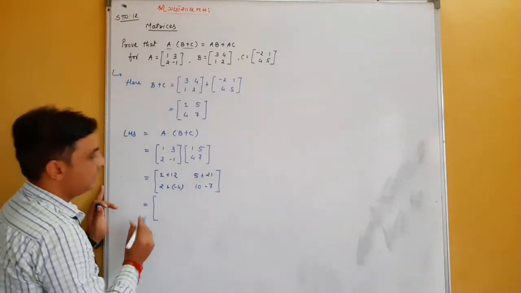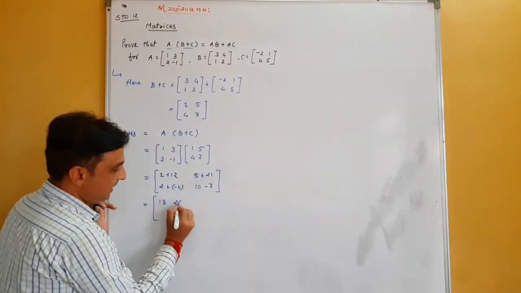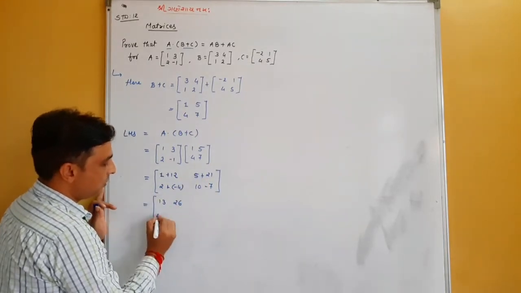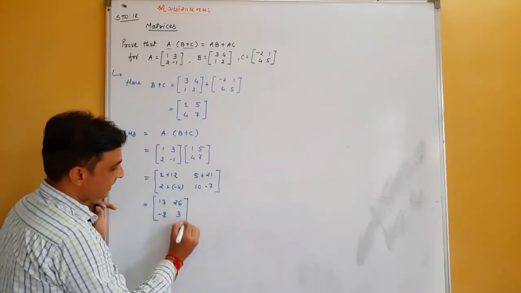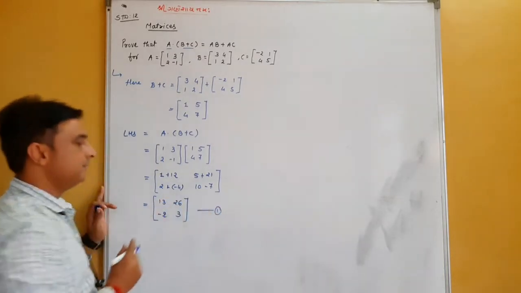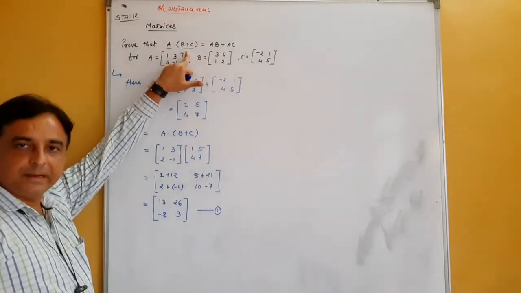Now 12 plus 1 is 13, 21 plus 5 is 26, 2 minus and 3. So we find a left hand side value. Say this is 1.